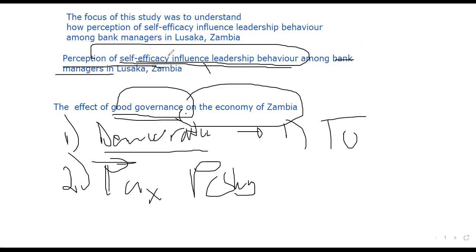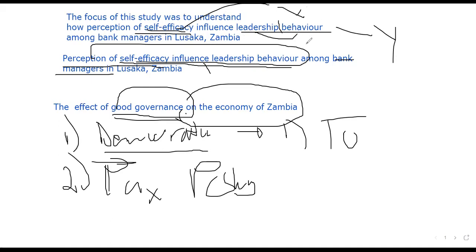So in other words, I've even identified that leadership behavior is what we're looking for. Self-efficacy, influence, leadership behavior. Oh yeah, I found it actually. So self-efficacy is now what we are looking for as the X, and leadership behavior is the Y. Because we've got self-efficacy influence leadership behavior.